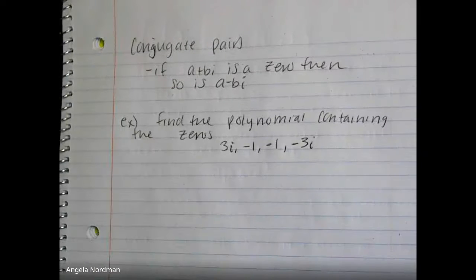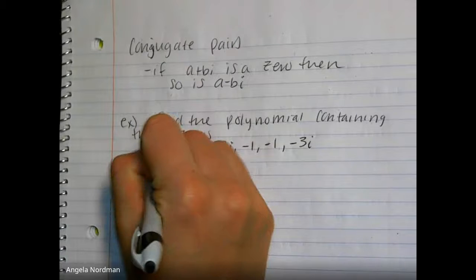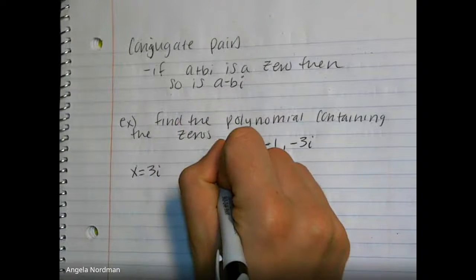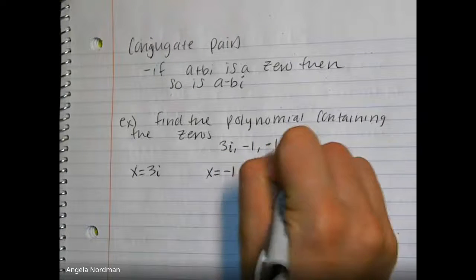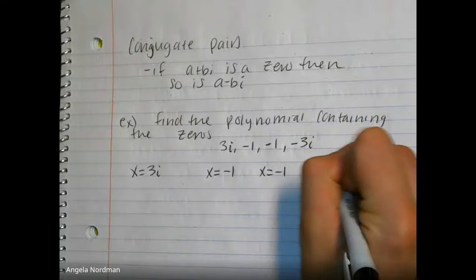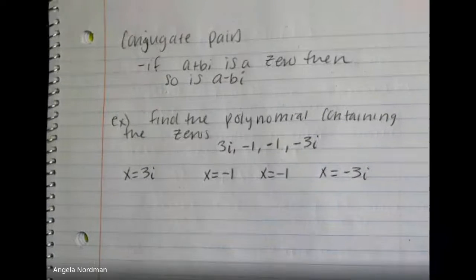So let's go ahead and finish out this problem then. Whenever we're finding the zeros, that basically means that we first have to take each of these and set them equal to x. So we take x equals 3i, x equals negative 1, x equals negative 1, x equals negative 3i.